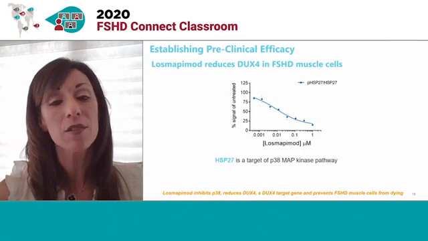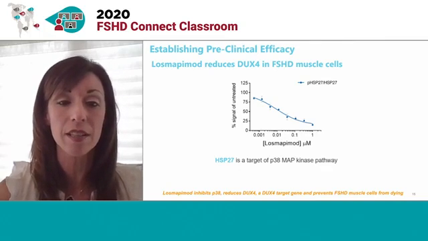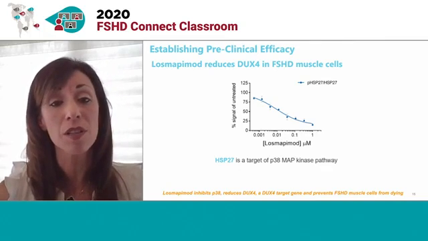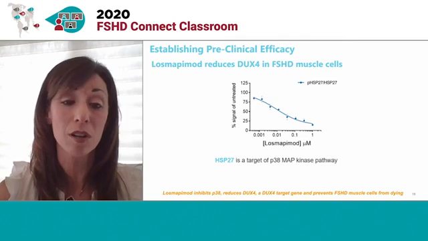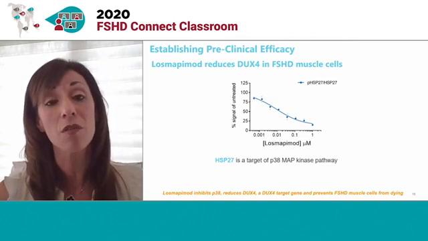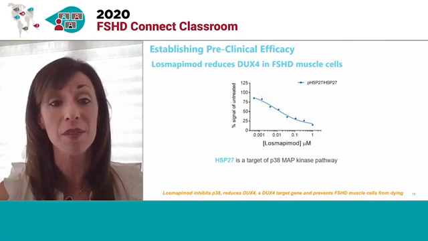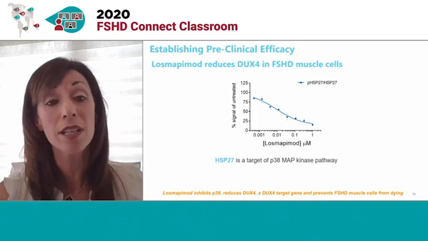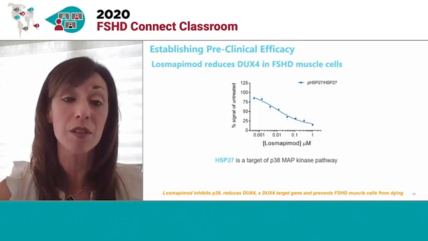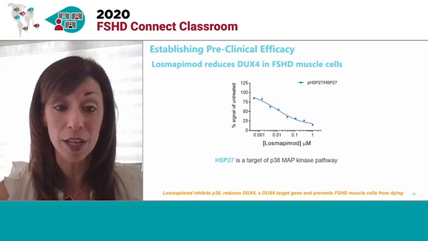And what we looked at here is we wanted to be sure that losmapimod engaged the target, that target being p38, and how we measured its engagement of the target is by looking at a biomarker called HSP27, and we looked at the ratio of the phosphorylated HSP27 to the total HSP27, and when you have increased target engagement or increased inhibition of p38 alpha, you get a decrease in this ratio.